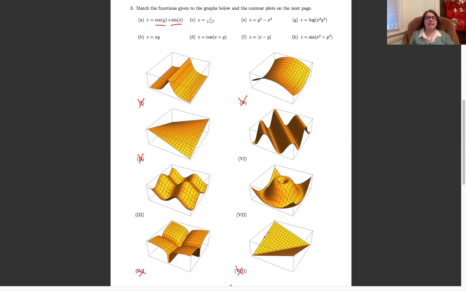And if I set z equal to a constant, then I'm going to get a constant equal to cosine y plus sine x. And if I tried to solve that, I would end up getting something with y is arc cosine of a constant minus sine x. And whatever that is, it's not the equation of a circle.